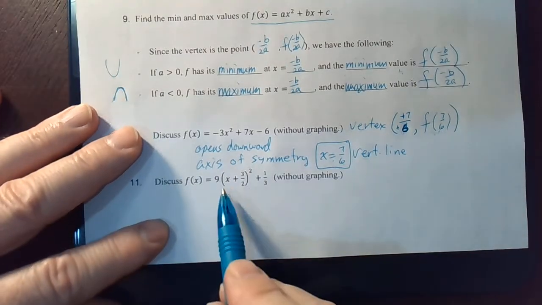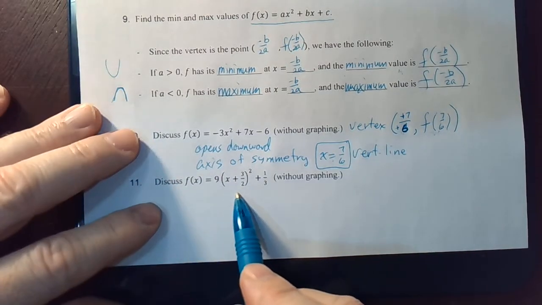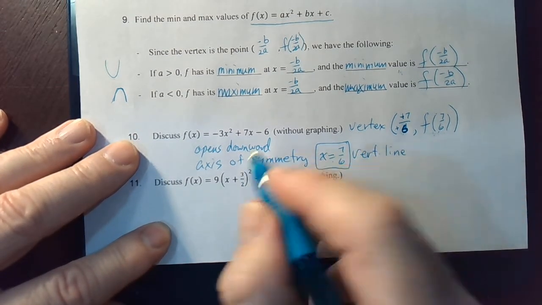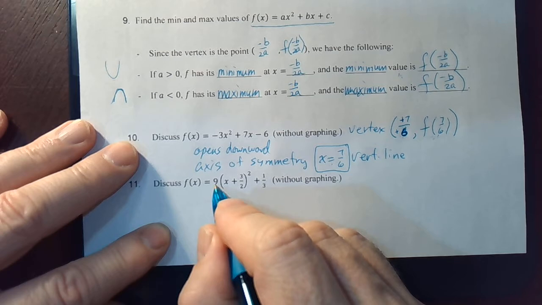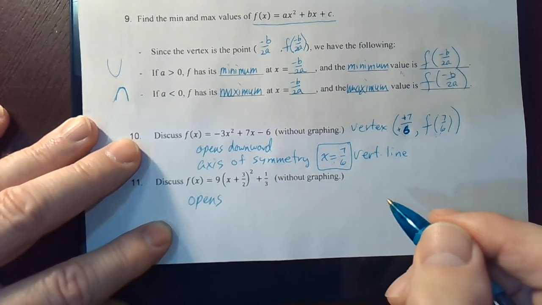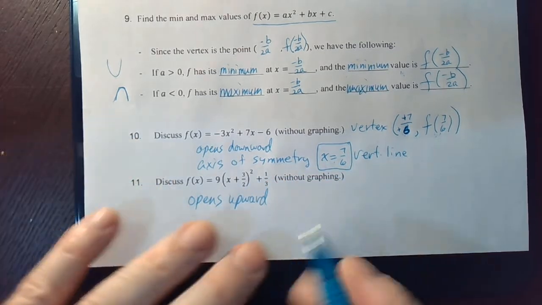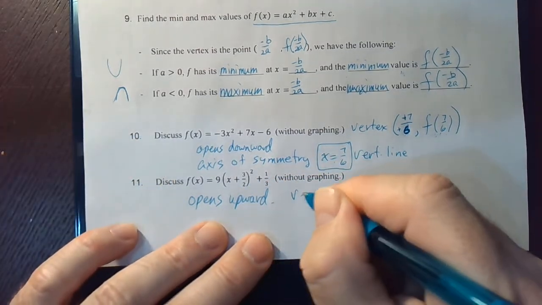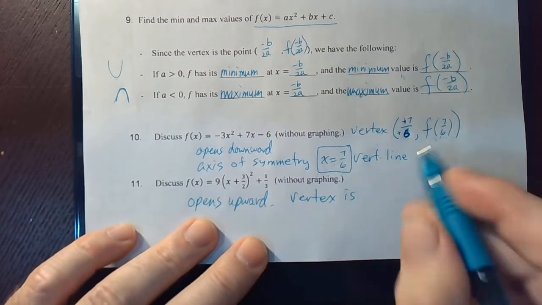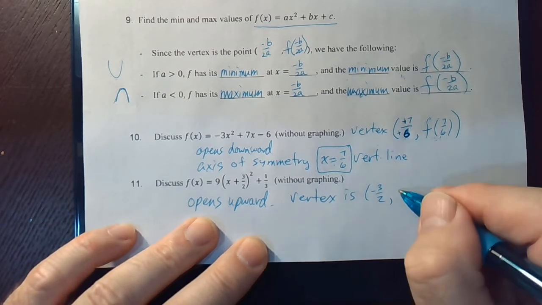All right, this one is written in the nice form, the standard form. We like this form. Let me first put, since that 9 is positive, so opens upward. The vertex is -3/2, comma 1/3.